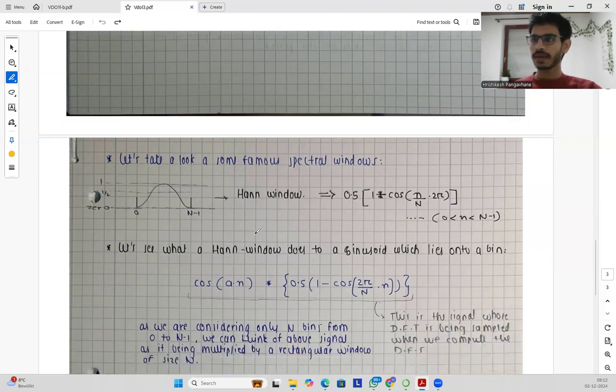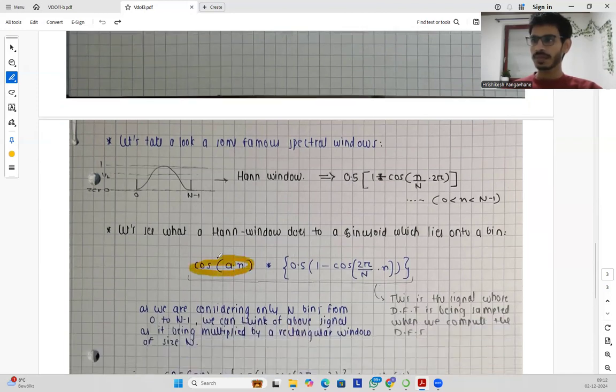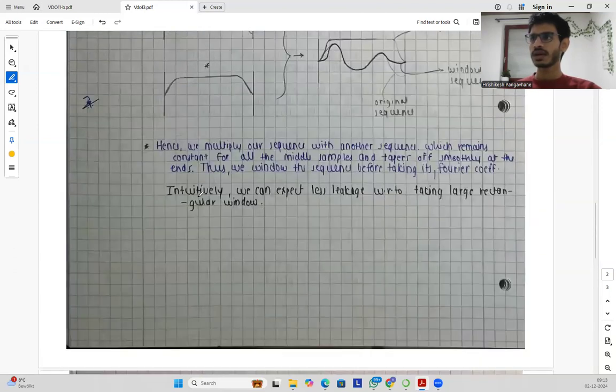Let's say we have an input which is cos of An. This is a sinusoidal input, and instead of taking a rectangular window of N samples here, now we will take a Hann window. This is a signal whose discrete Fourier transform is being sampled when we compute the discrete Fourier series, as we said over here.